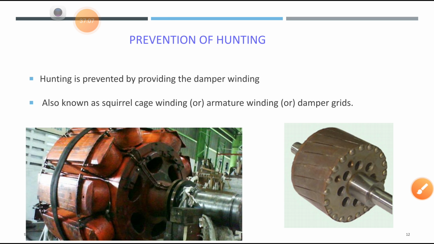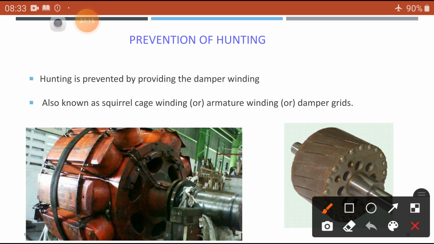You can see this is a squirrel cage rotor, skewed at some angle. Here in these slots there is an insertion of copper bars, shorted and soldered at that side. So whatever EMF is induced in the rotor bars circulates in a closed path. It induces its own current.